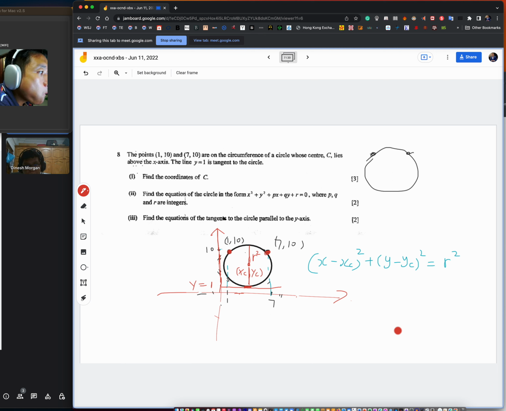Yeah. So, how? So okay, I'm trying to ask how you do this question. So this is the general formula.